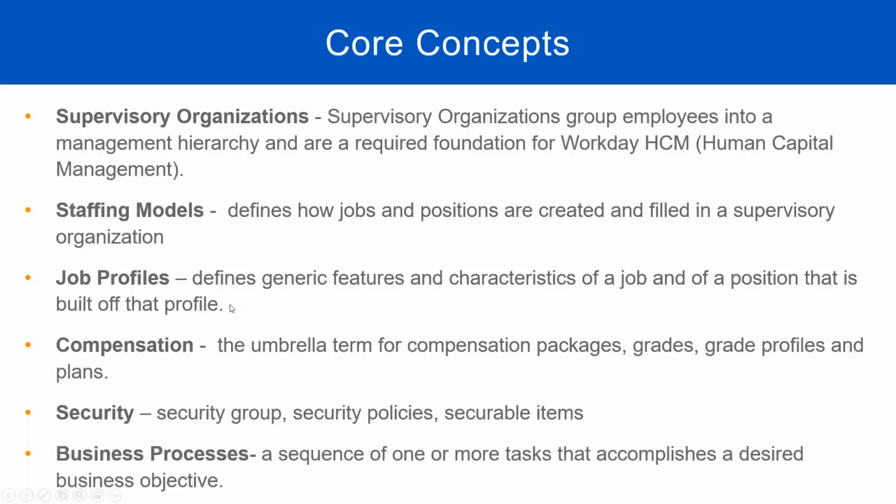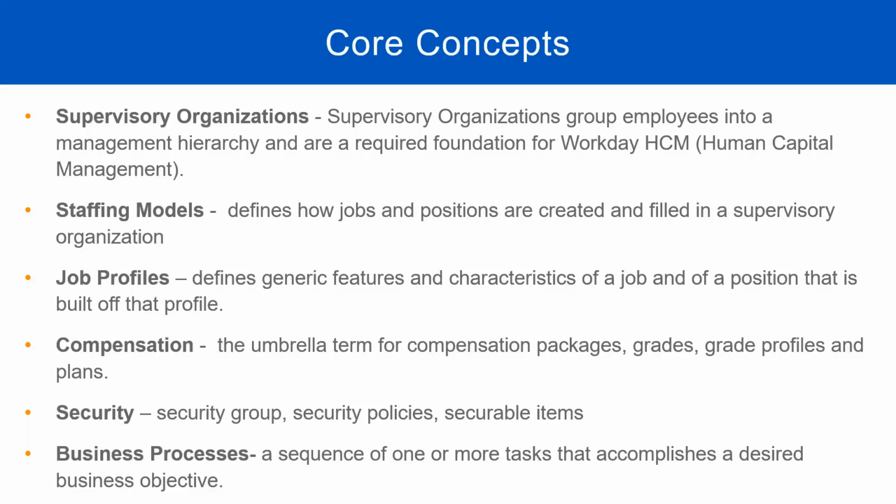And the last core concept is business process. Now, business process is a sequence of one or more tasks that accomplishes a desired business objective, right? Like we discussed about, let's say, the hire process. There will be a sequence of tasks that needs to happen before you hire a worker, right?